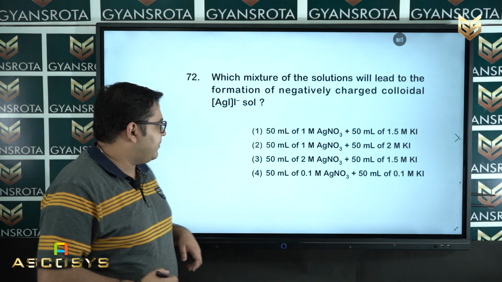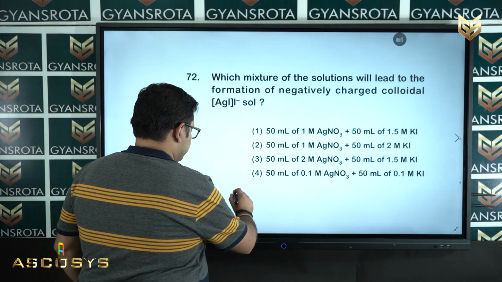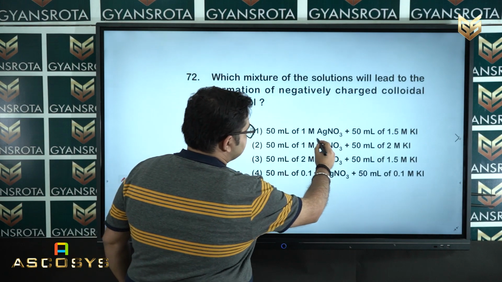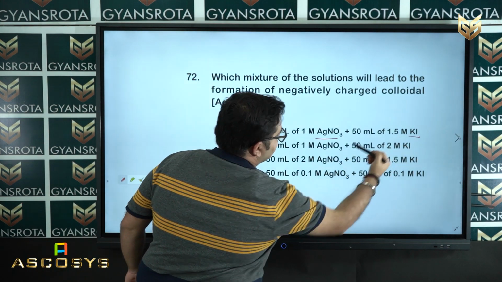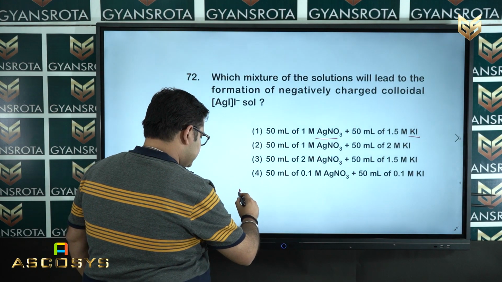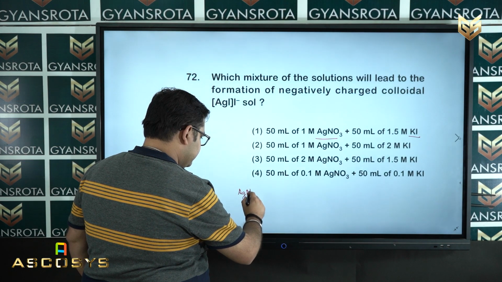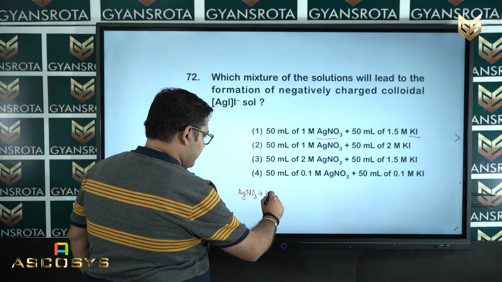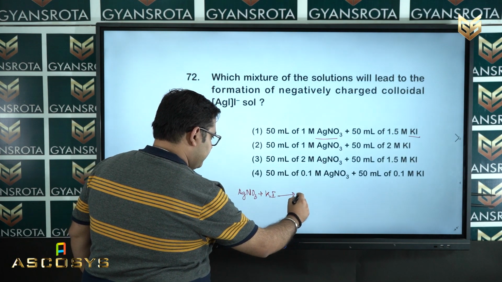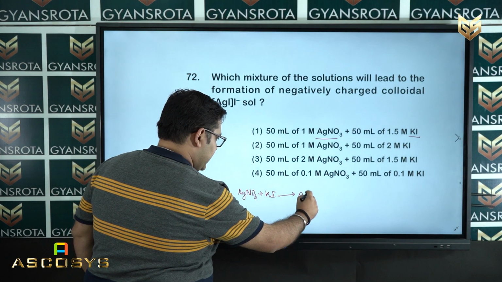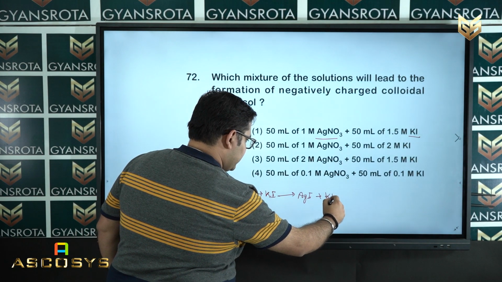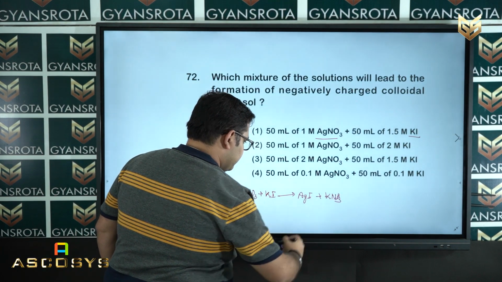So, what will happen when your silver nitrate, because in the option they are giving the silver nitrate and your potassium iodide. So, when your silver nitrate reacts with potassium iodide, it will end up with AgI and KNO3.